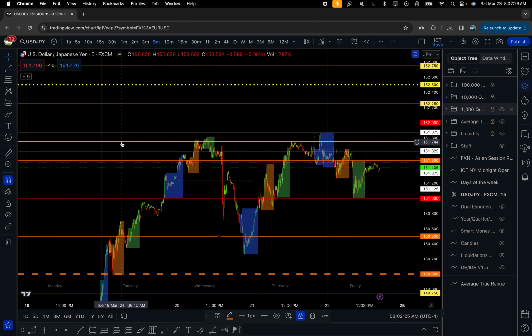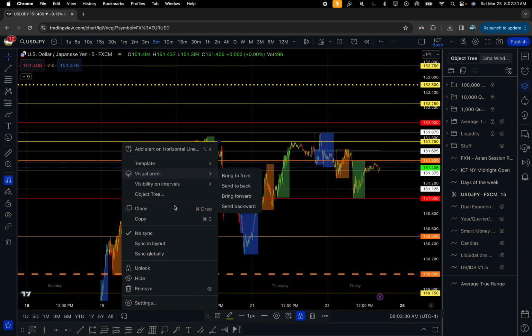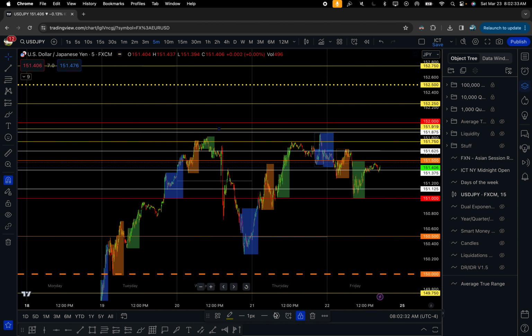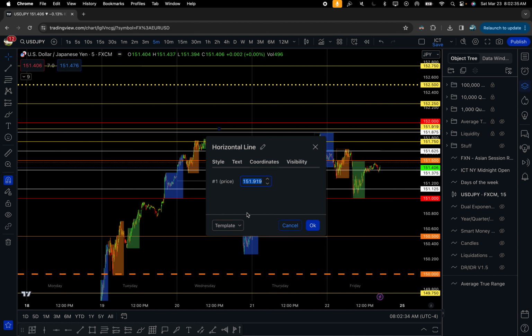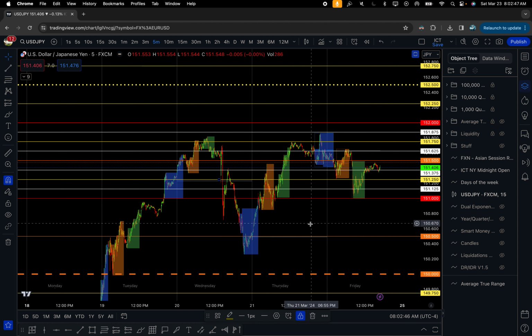And I've got some missing here. So you just add them. It's no big deal. It's clone. After a while, it's just easy to put these levels in. Let's see, 151. Okay. 25. See, so it's just like that.